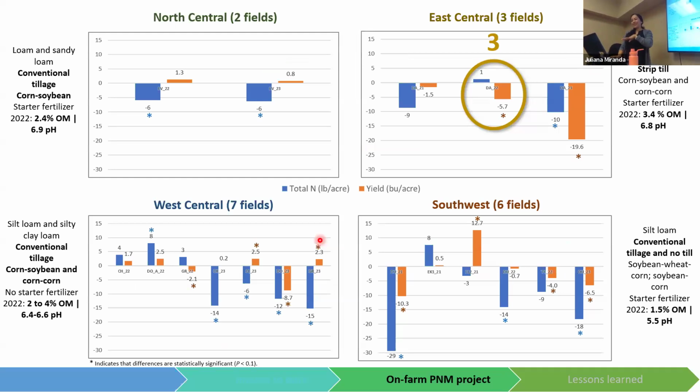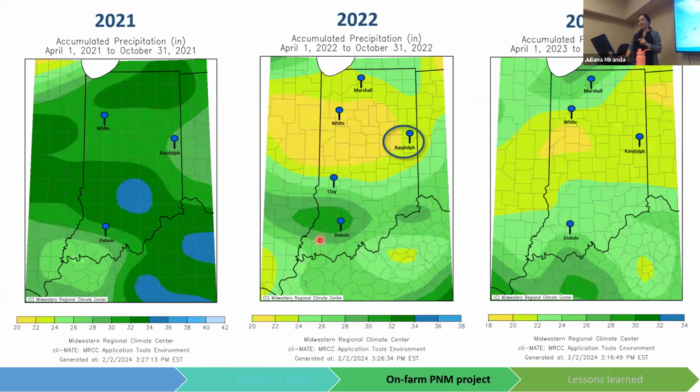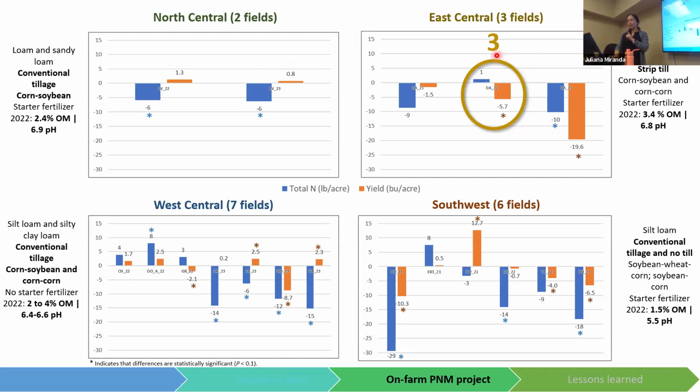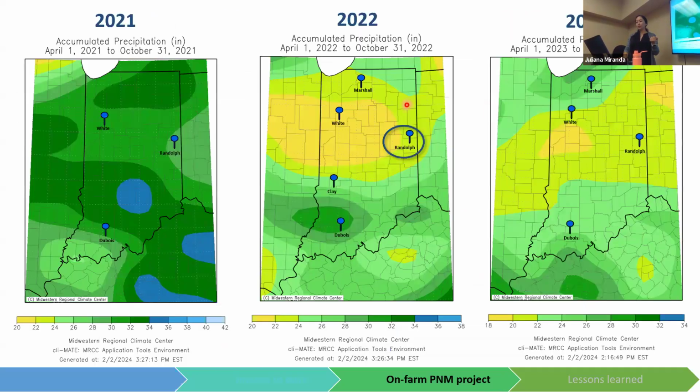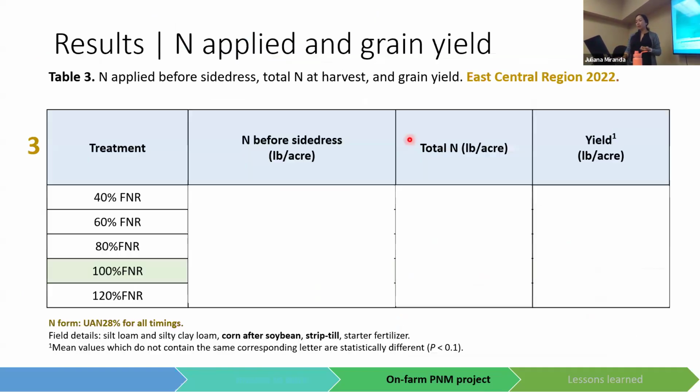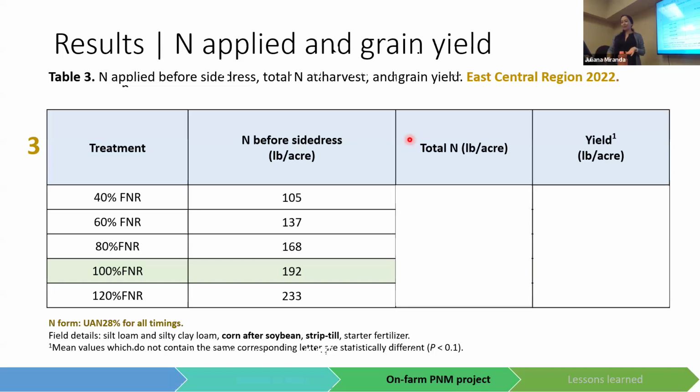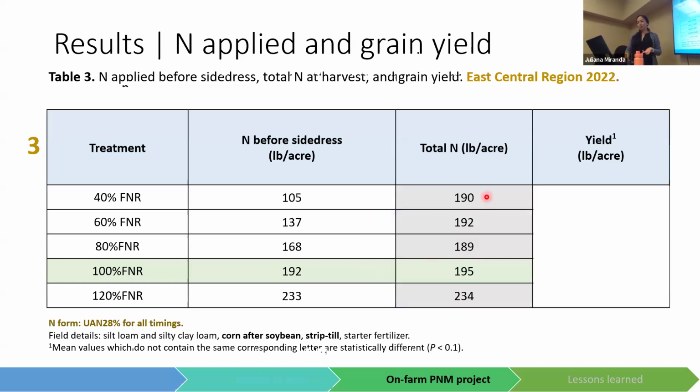And now let's see the other examples. This is a case where we did not even reduce the nitrogen, and we reduced the yield. In this case, you can see that it is in an area that was a little dry. So in this case, we see before sidedress, this is the total nitrogen applied.